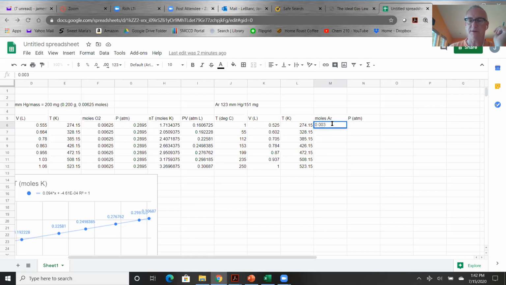Right, so 0.0037, 7991. 0.0377791. What am I missing here? I have 37791. What should it be? There should be two nines, and then a 1. Yes. Okay, excellent.